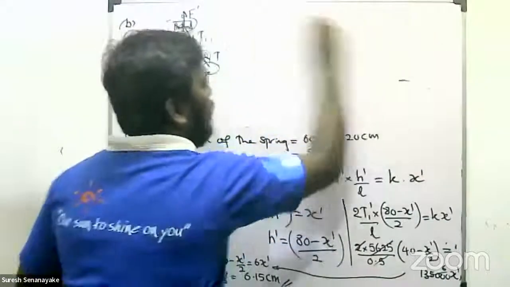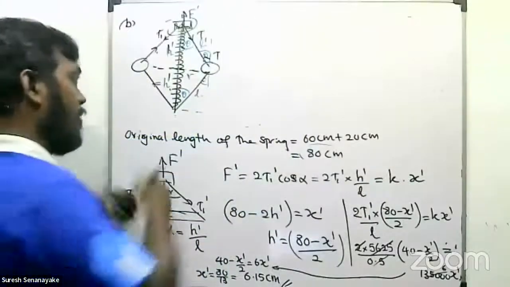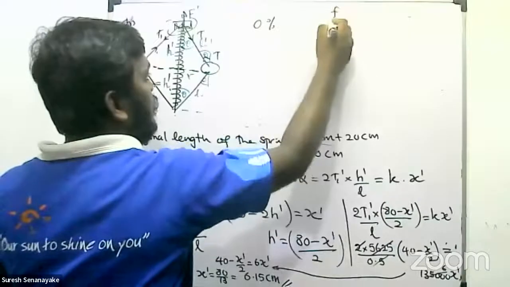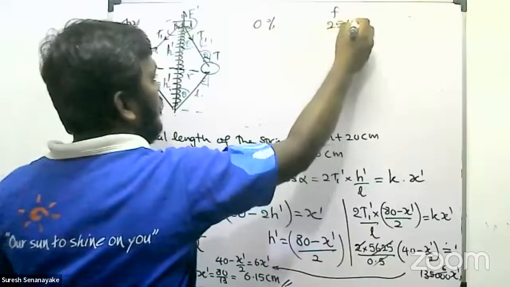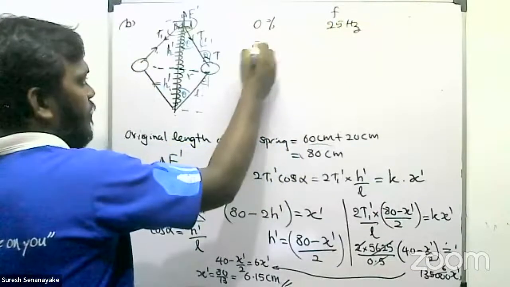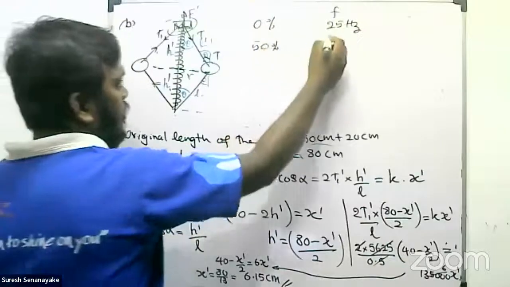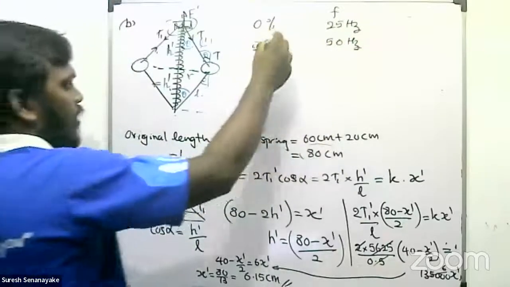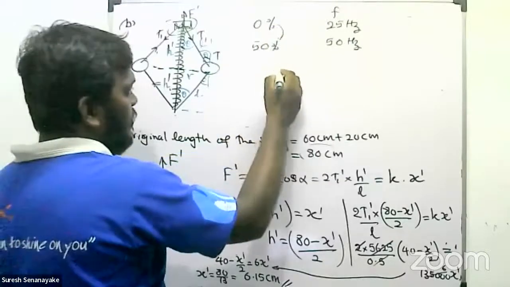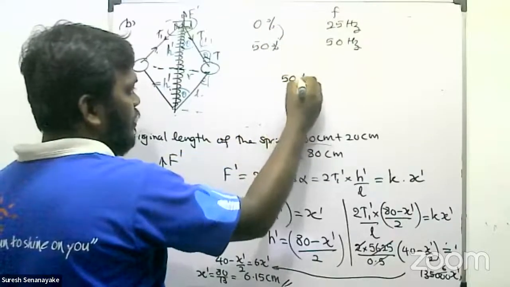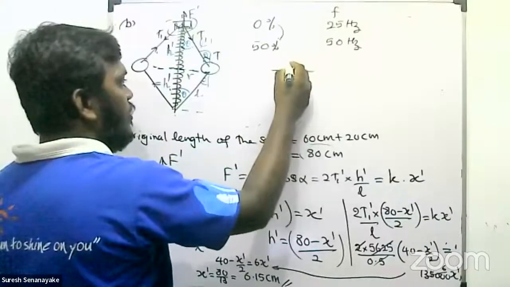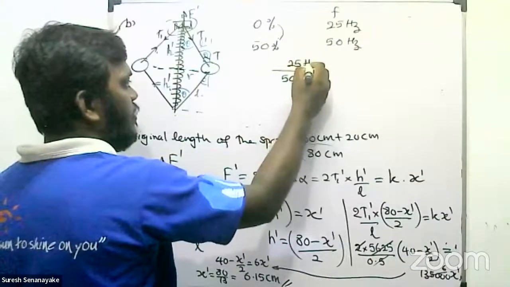And you can write this is that if the block is 0%, the frequency is 25 hertz. If the block is 50%, this is 50 hertz. That means for a 50% block increase, the frequency increases by 25 hertz. Right?